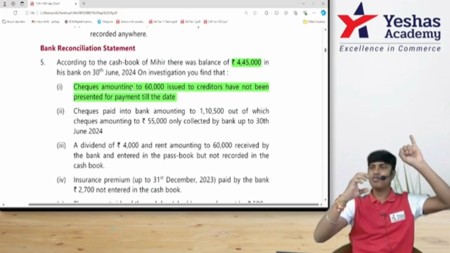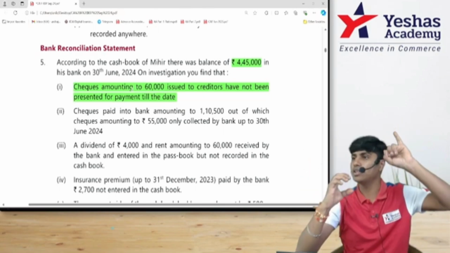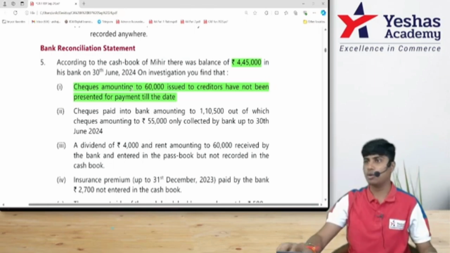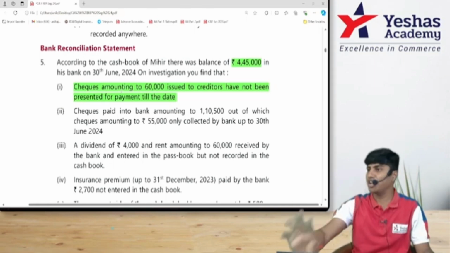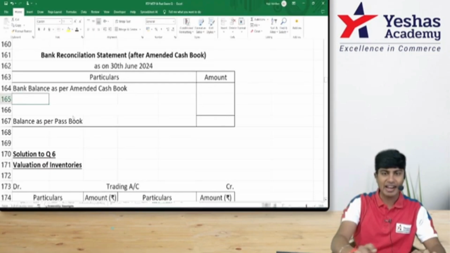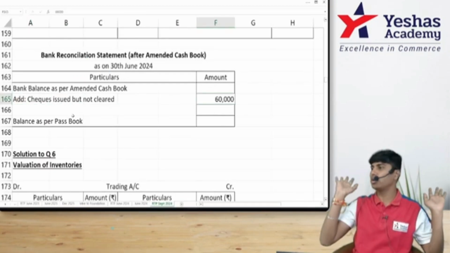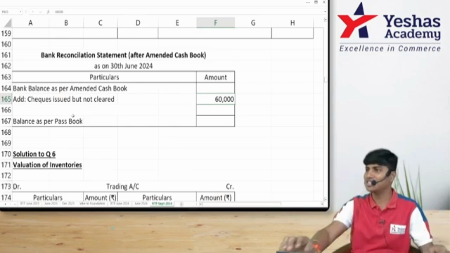Correct or not? See up. Add. You have to add to which balance? Cash book balance. So this is a timing difference. So in my BRS, I would write: add, checks issued but not cleared. How much? 60,000. Did you understand?